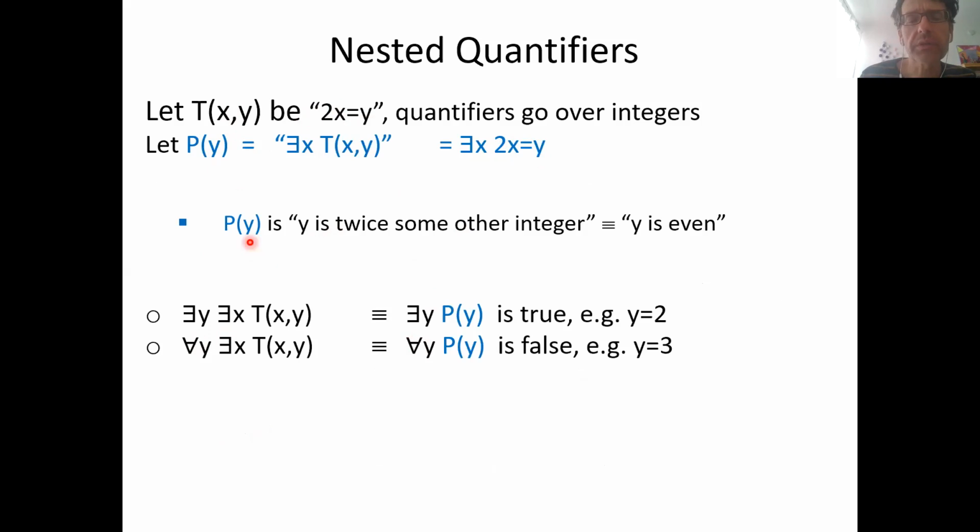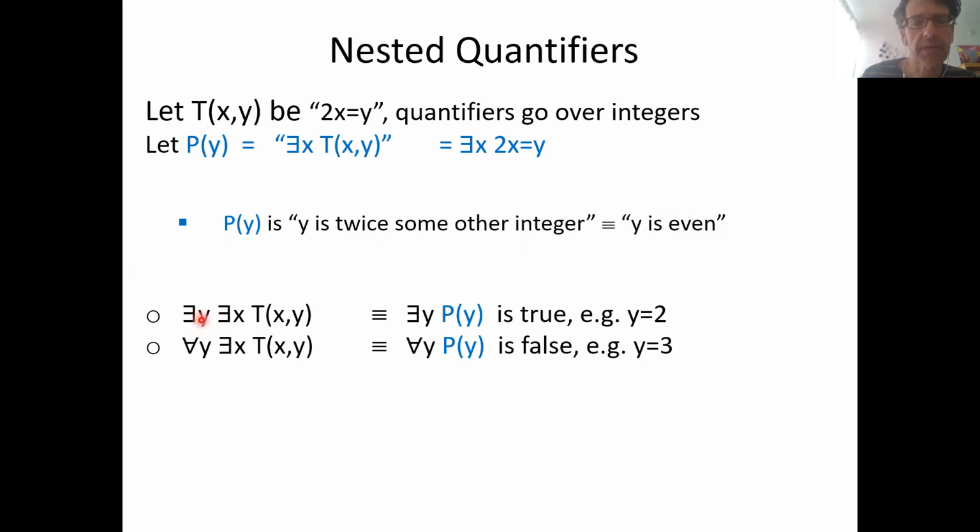In other words, the predicate p of y means that y is twice something, and that is the same as saying that y is even, right? If you think of what this means over integers, you will conclude that it's equivalent to saying that it's an even number.